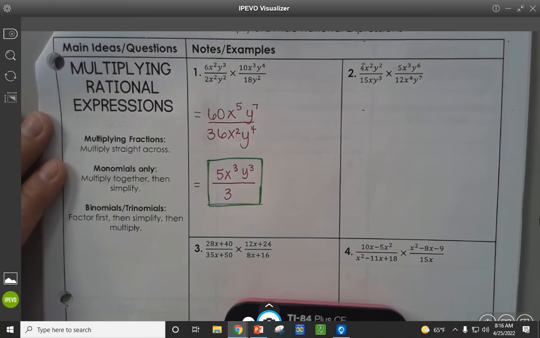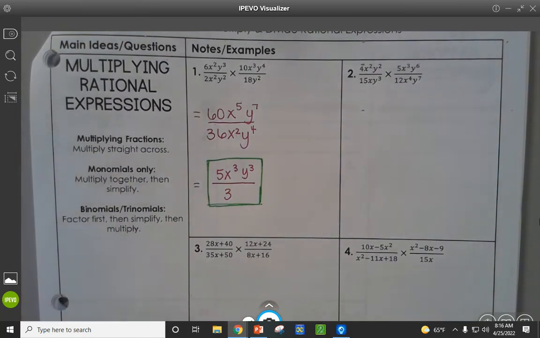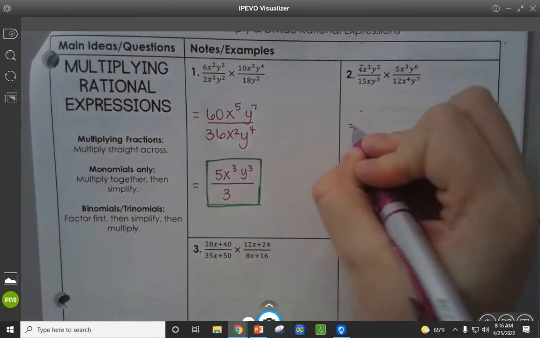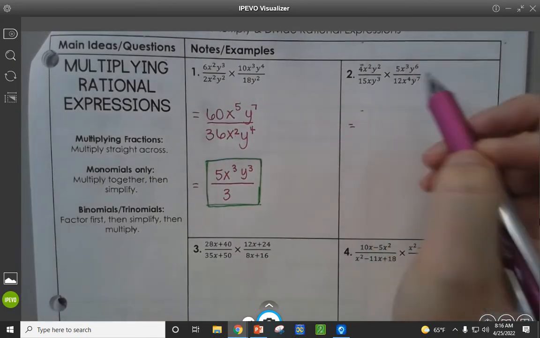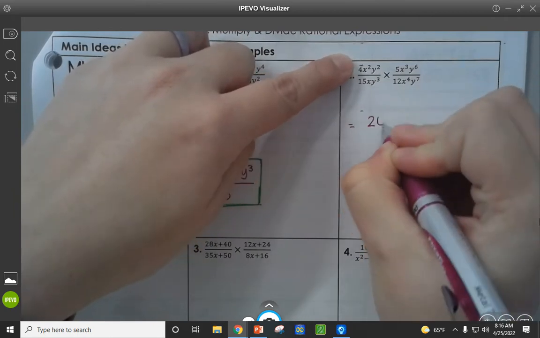Any questions? All right, number 2. Multiply straight across. So we do 4 times 5, which is 20.